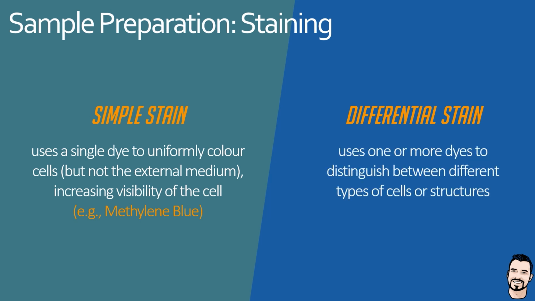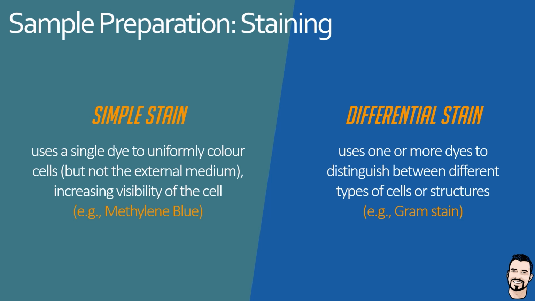Differential stains, on the other hand, use multiple dyes applied sequentially with wash stages in between, and these stains typically allow us to distinguish different cell types, providing more detailed information about a sample while still increasing contrast. The Gram stain is a classic example of this and is used extensively in bacteriology to differentiate bacteria based on their cell wall composition.